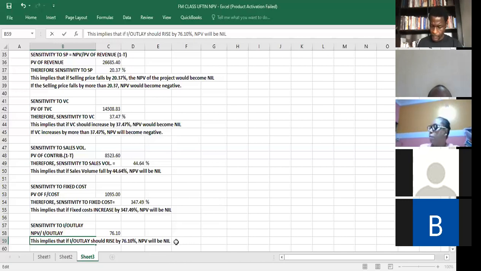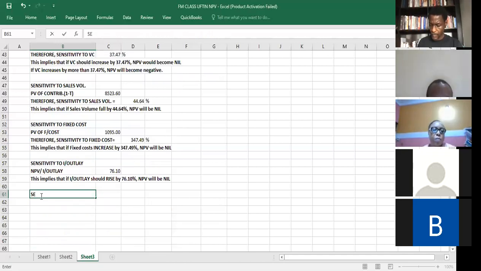And then finally, we do the discount rate. Do our IRR. So straightforward, we can just do our IRR like what we said the other day.